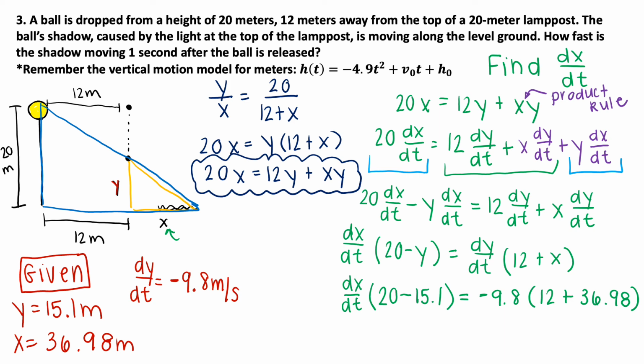Simplifying wherever I can, I get dx dt times 20 minus 15.1, which gives me 4.9, equals negative 9.8 times the quantity 12 plus 36.98, which gives me negative 480.004, and dividing both sides by 4.9, I should get dx dt equals negative 97.96.